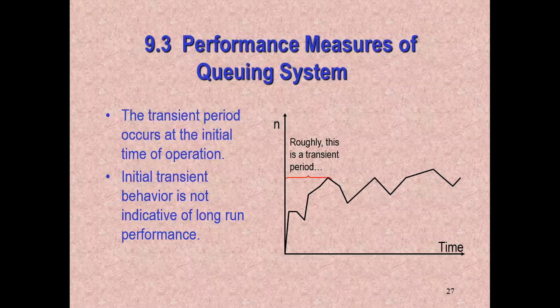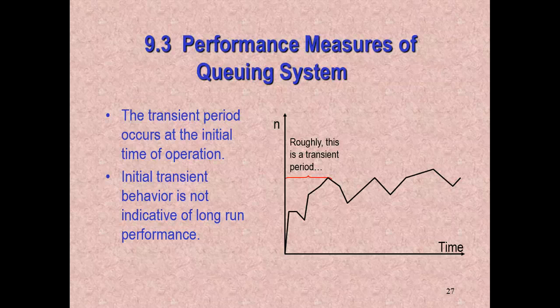But that's not typical the rest of the day, right? He doesn't typically have 4 people walk in at once or 5 people. So that behavior is not indicative of long-run performance. So a lot of times when a queue starts up, it's not like it normally is. Does that make sense? There's things that are backlogged, that are pushing up, like old men waiting to get a haircut, okay? So that is called a transient period.